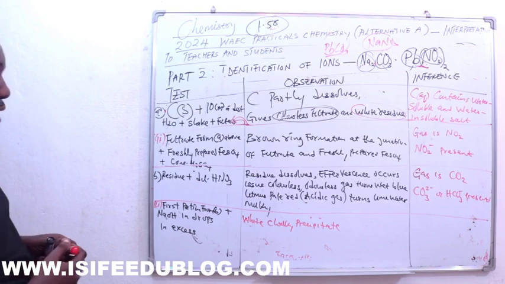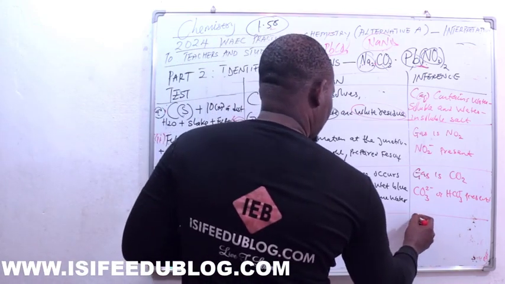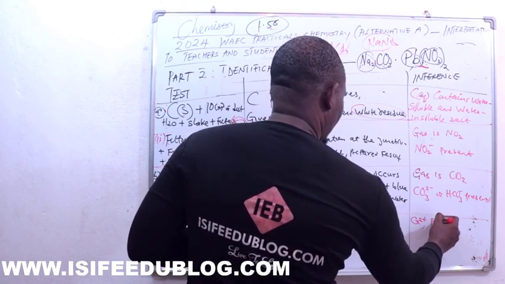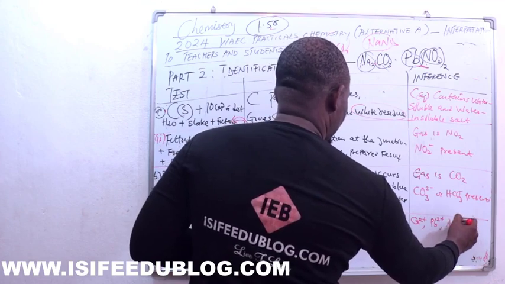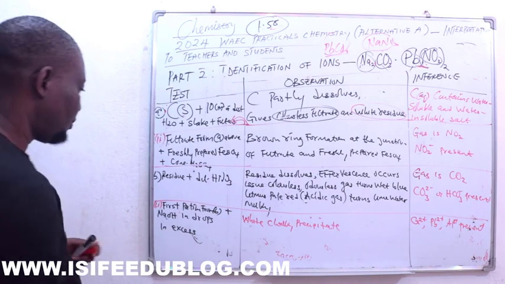That indicates what should be here: Ca2+ or Pb2+, the first things that will be in your mind, or you even add another element to it. So at this point, keep it as present.